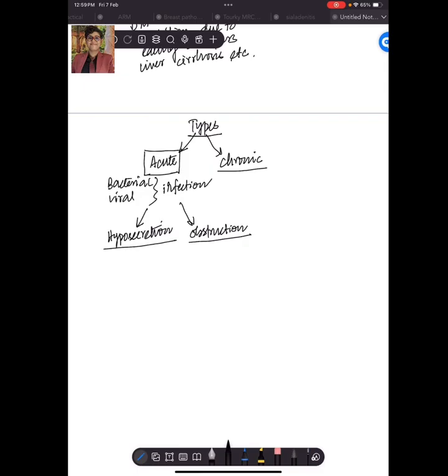Hyposecretion from the gland can be due to many reasons, like dehydration, different kinds of drugs like anticholinergics, beta blockers, antihistaminics, xerostomia, or some post-operative reasons.